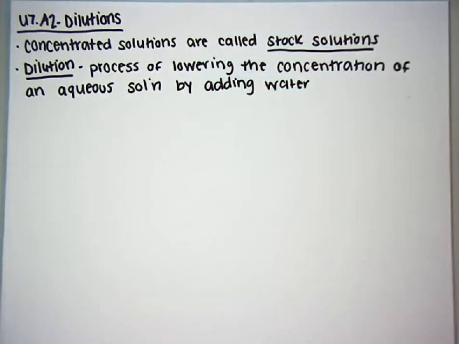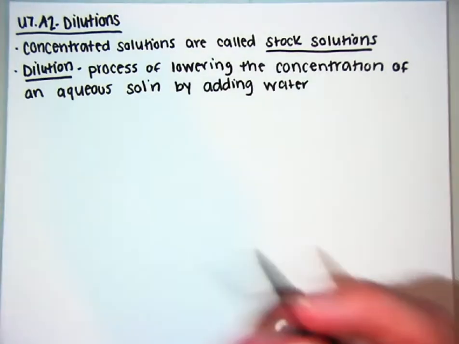So that should make sense. If we have a highly concentrated solution and we want to dilute it, we want to lower the concentration, we could add more water. Think about if you've ever made like lemonade or Kool-Aid, anything with a powder, and it was too concentrated. To dilute it, you would add more water.